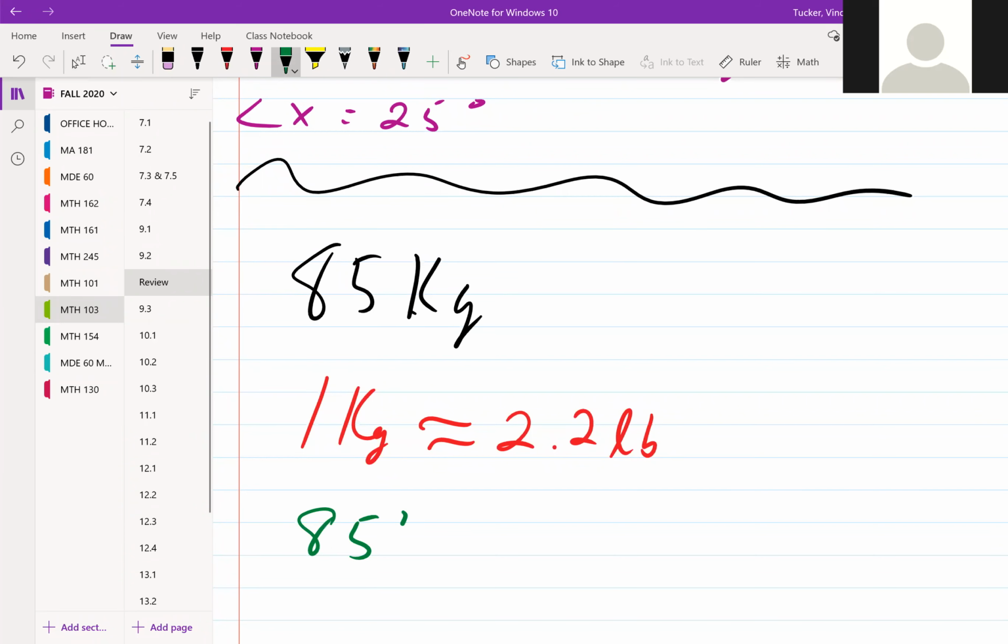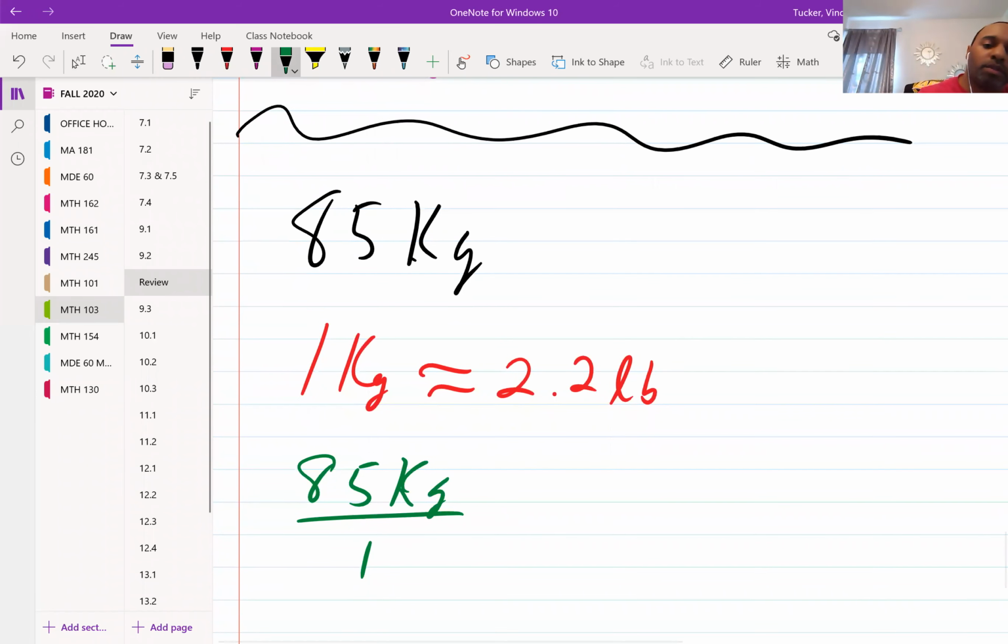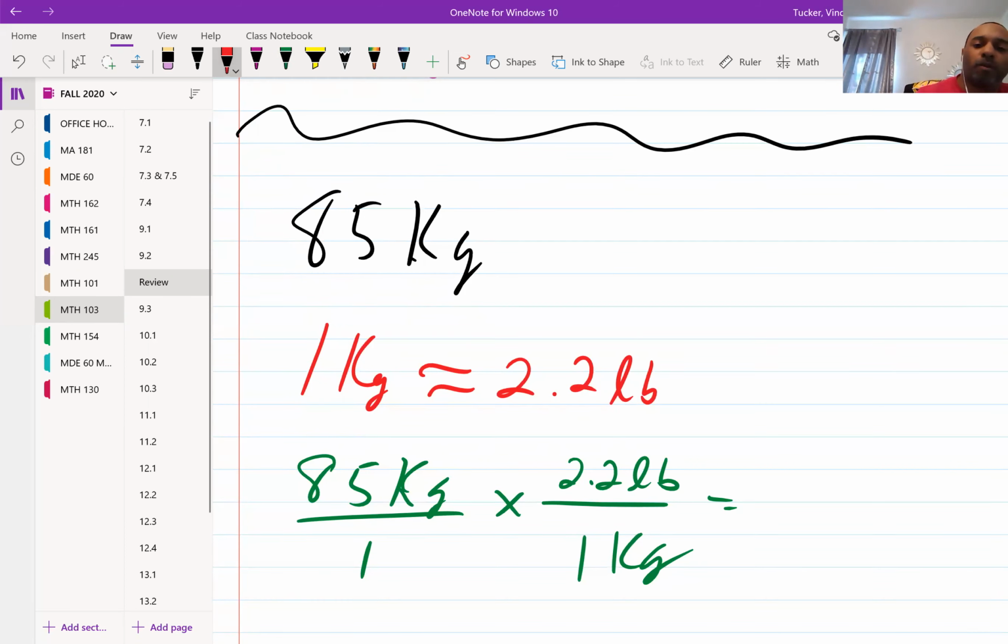So we'll set up our 85 kilograms and place it over 1. And because I have kilograms here, that means I need kilograms down here. So that'd be 2.2 pounds over 1 kilogram. So the kilograms will cancel. And then we just multiply across.